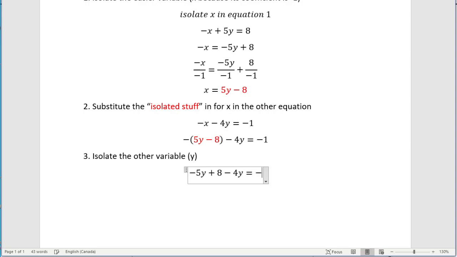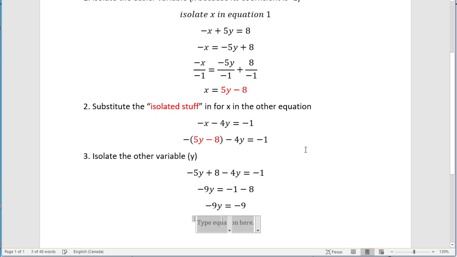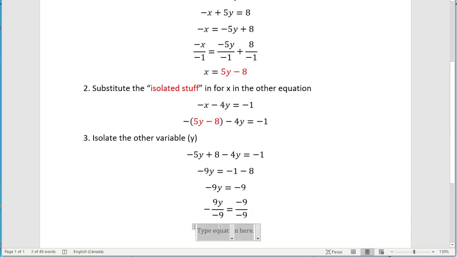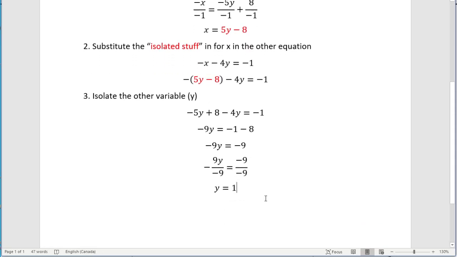Then I have minus 4y equals negative 1. I'm going to collect my like terms with the y's, and I'm going to send the 8 to the other side. And I get negative 9y equals negative 9. To get rid of that negative 9, I'm going to divide both sides by negative 9, and I find that y is equal to positive 1.